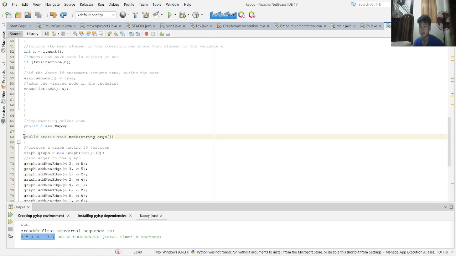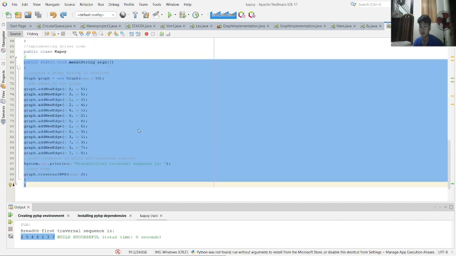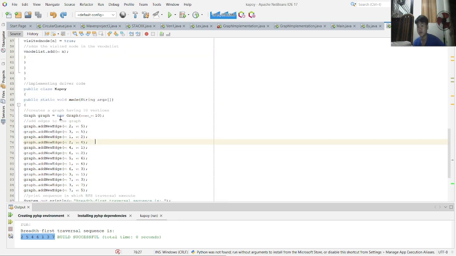Inside our main, we have an instantiation. This is our instantiation of the graph. Graph is equal to new Graph, then we initialize our graph with the value count v, vertices 10.